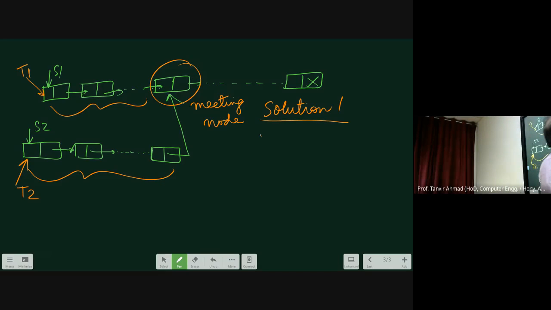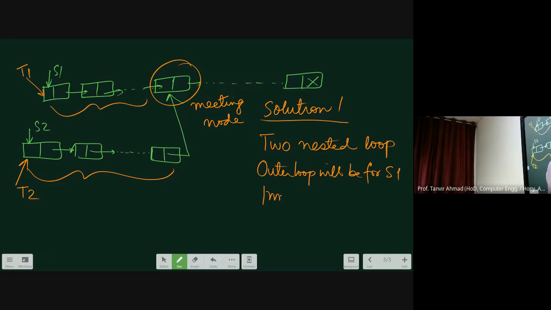I write two nested loops, where the outer loop will be for S1, and the inner loop will be for S2.